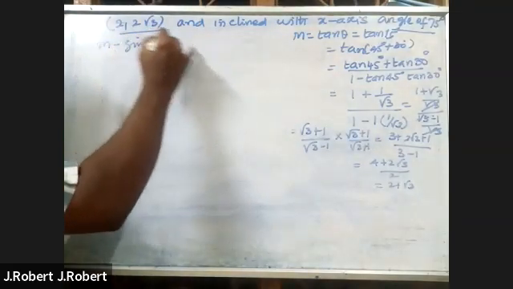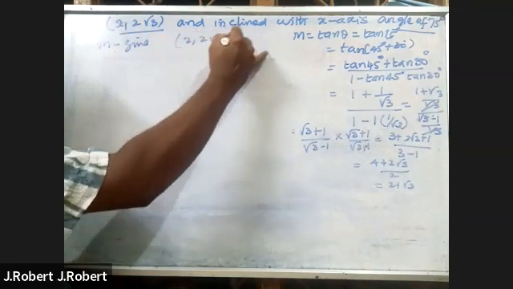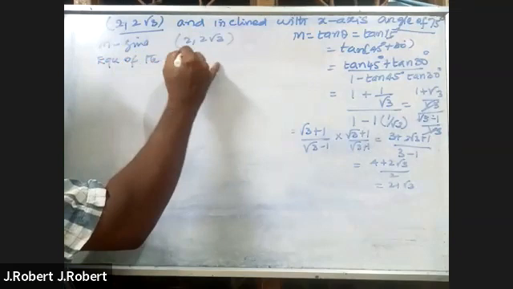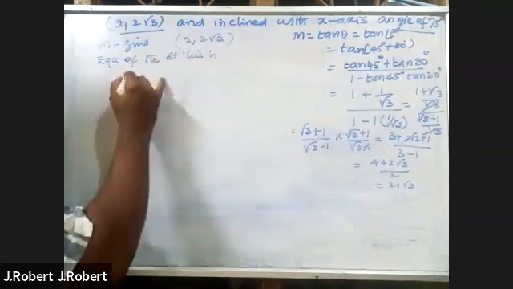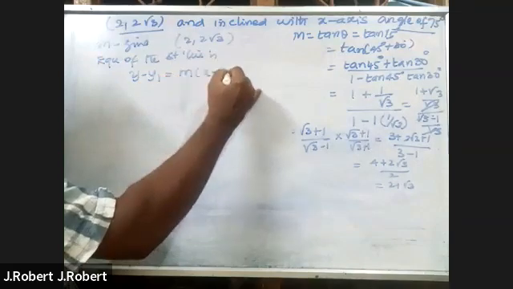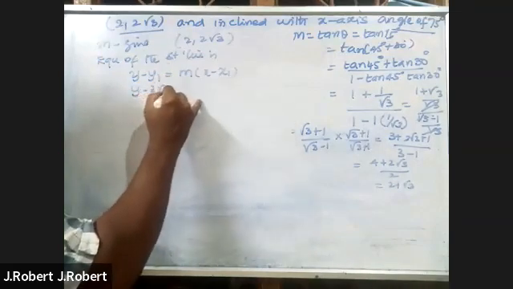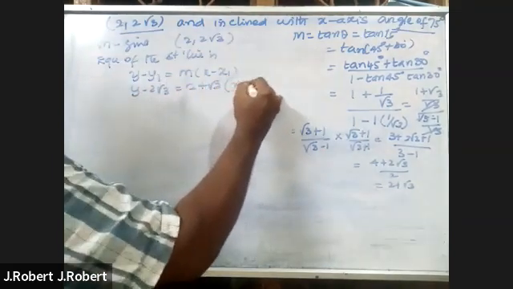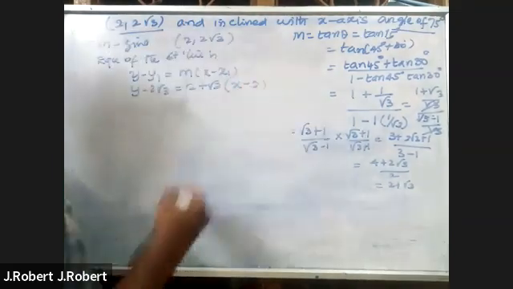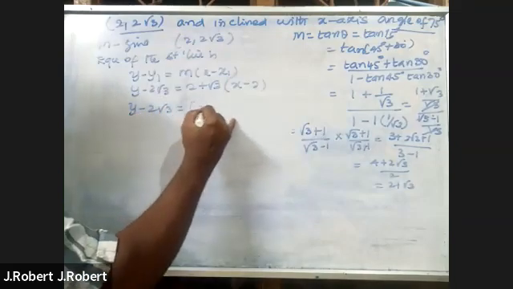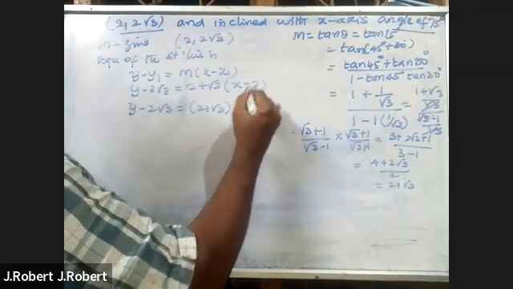If the slope m is given and the point 2, 2 root 3 is given, the equation of the straight line can be written as y minus y1 is equals to m into x minus x1. So y minus 2 root 3 equals 2 plus root 3 into x minus 2.